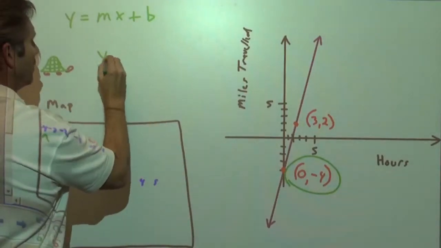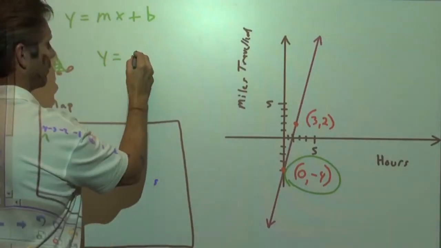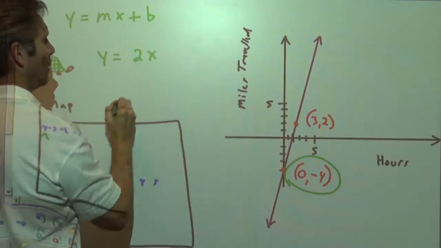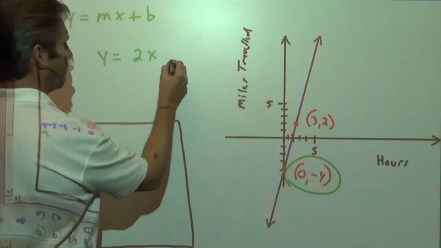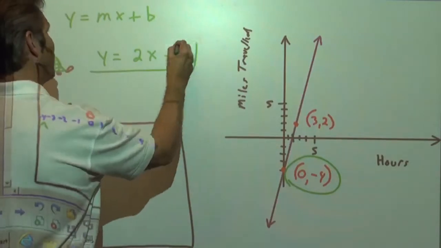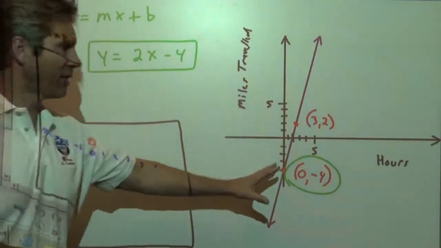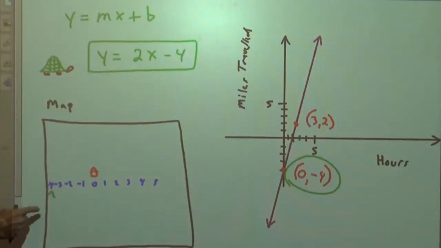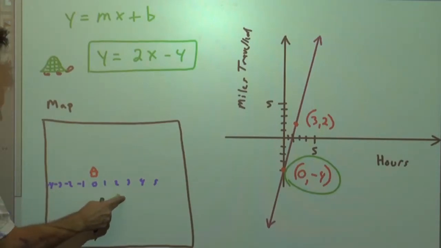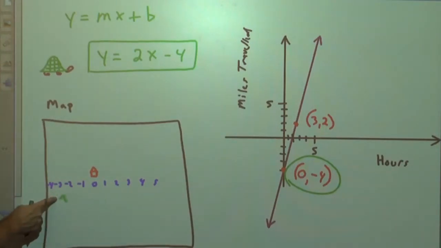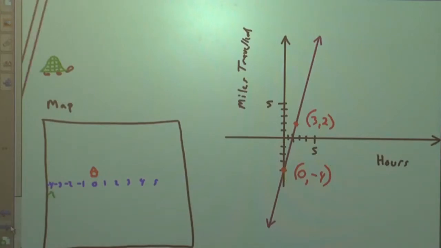So our formula is going to be, our slope was 2, so it's 2 times x, and our y-intercept is -4. So there we go. This is the equation for this line mapping the turtle's travels from -4 to +2 miles in relation to this house. So what about parallel lines?